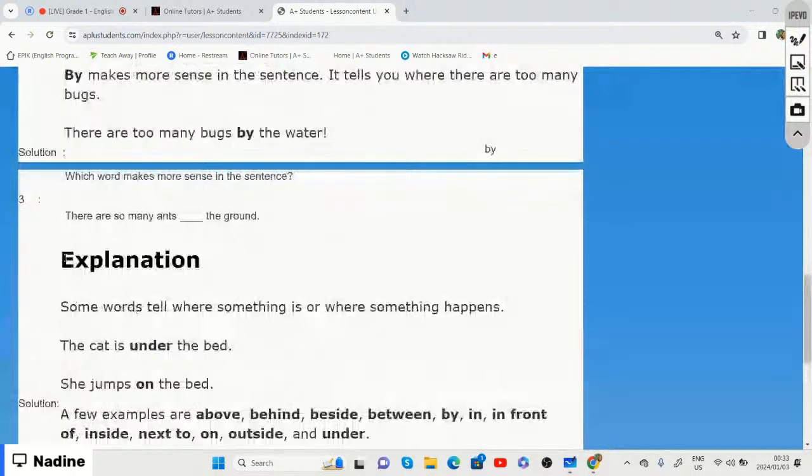So there are too many ants where. So we need to say where we see or where we think there could be a lot of ants.